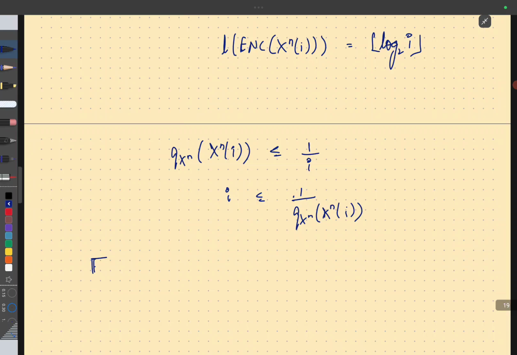So if I take the expected length, right, what is this equal to?